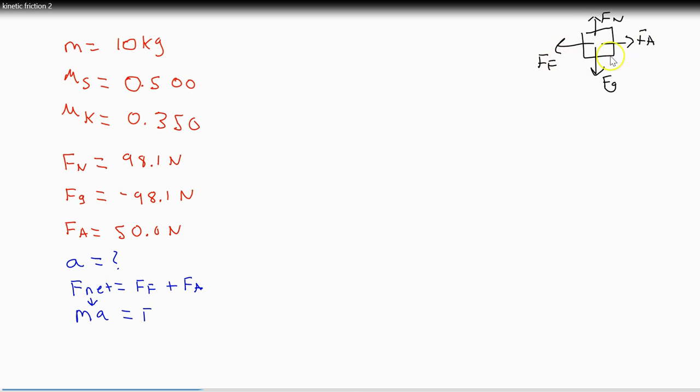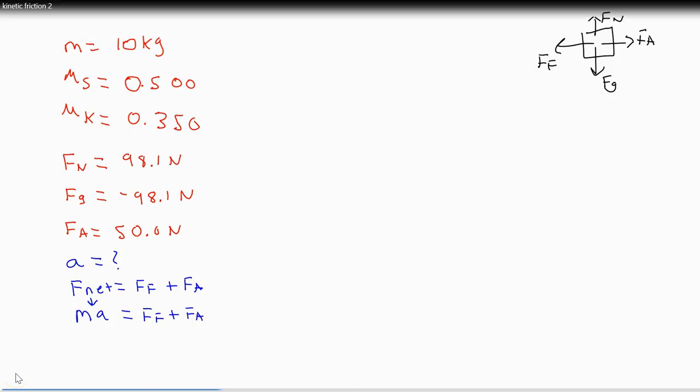Now we're only concerned with the x direction, so I'm only including these two forces. I also know I have the relationship that the net force is equal to the mass times the acceleration. A net force will cause a mass to accelerate. Relating the two, I have that ma equals the force of friction plus the applied force.